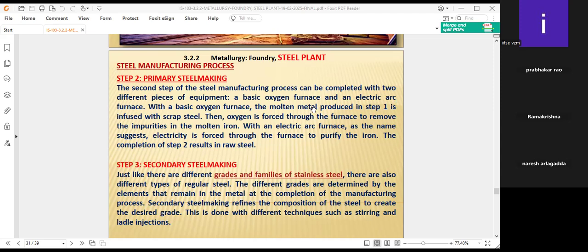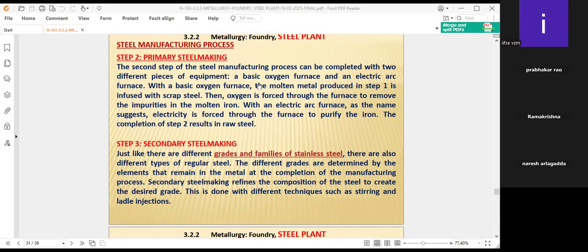We will get into detail in the coming slides also. The basic oxygen furnace costs less, because it is only heated with oil in the presence of air, whereas the electric arc furnace needs electric power supplied by the state electricity boards.